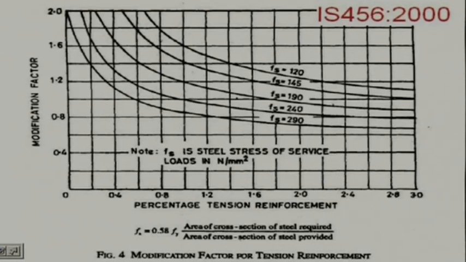So, for 0.373%, there are so many stress levels Fs: 120, 145, 190, 240, 290, but it is not directly related to the Fe 415. We have to do certain kind of modification.